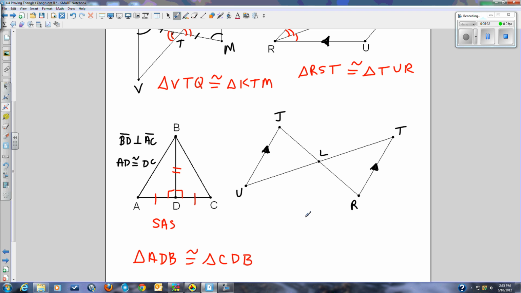Now let's take a look at this one. We are given that UJ and RT are parallel. So if they're parallel, we know that their alternate interior angles are congruent. Notice that they are cut by two transversals. So also the other alternate interior angles are congruent.